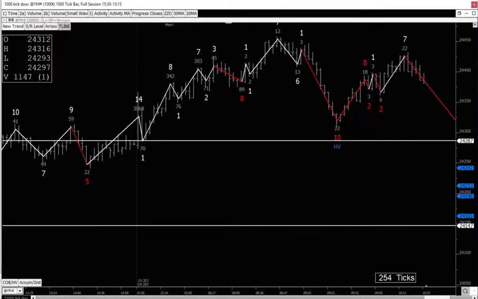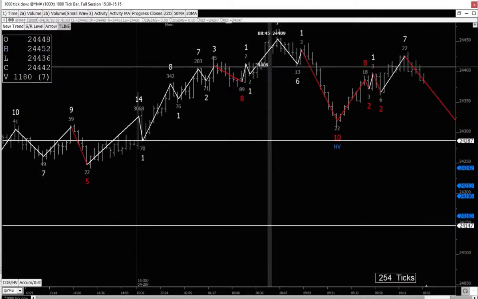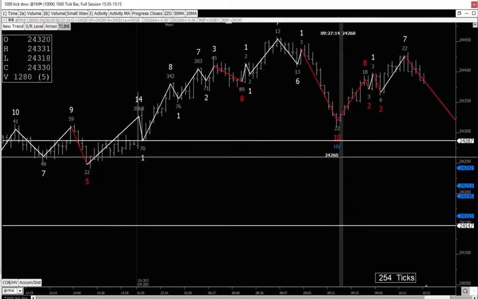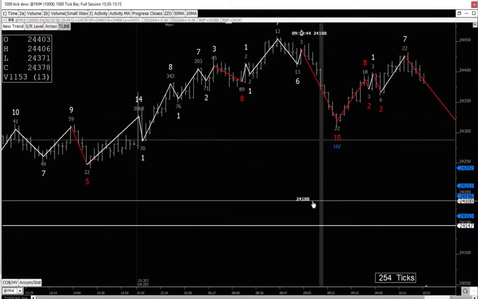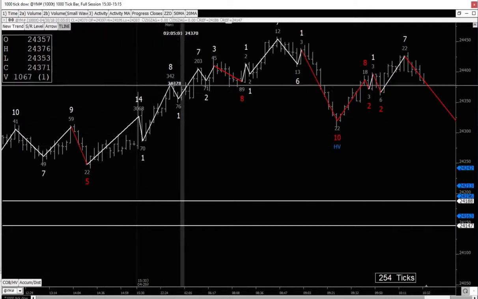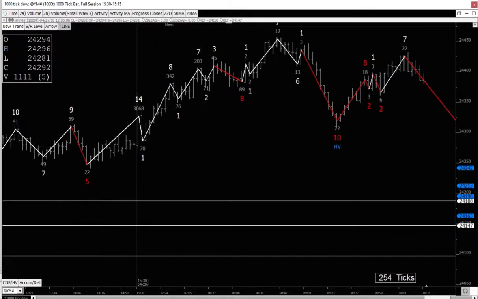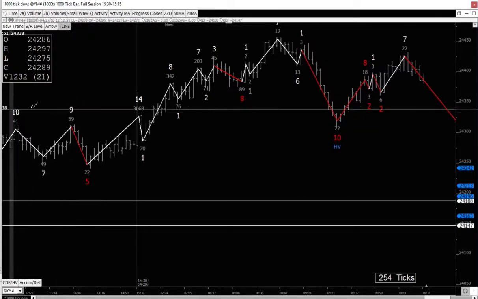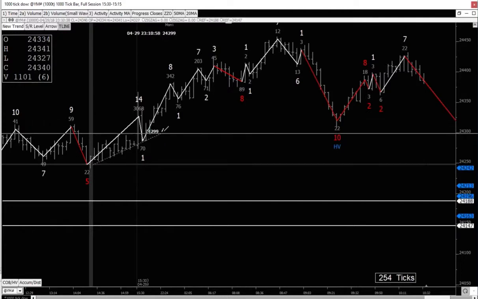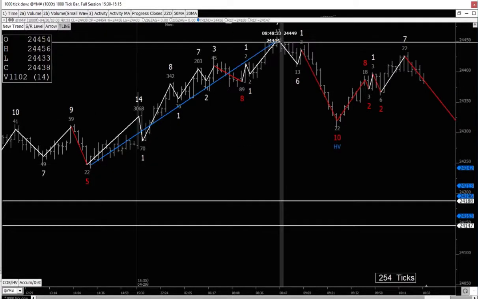This is just one method: the ability to see waves. But the key here is you have an uptrend, and you're going to see this. Where's the arrow? There we go. So you have this uptrend right here.